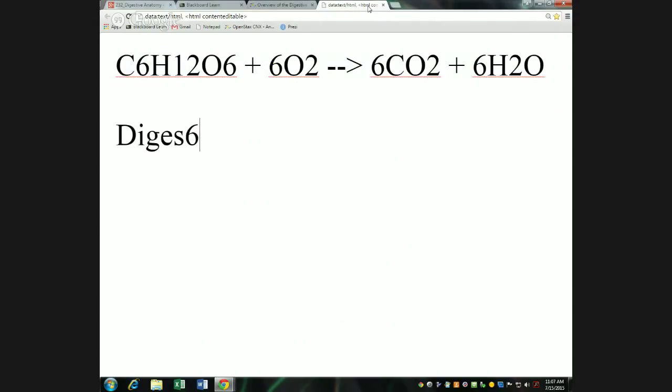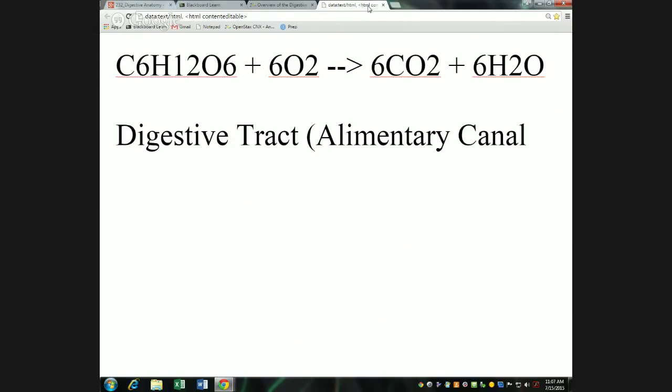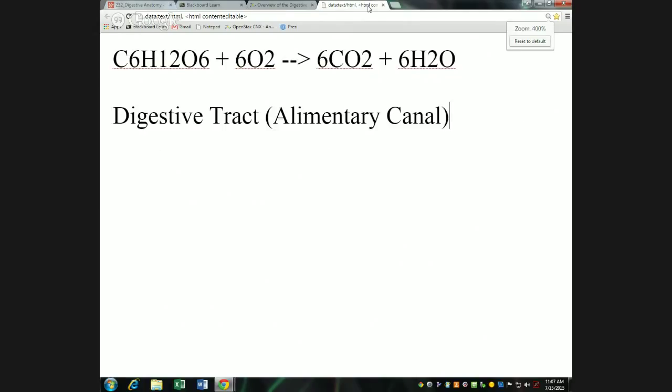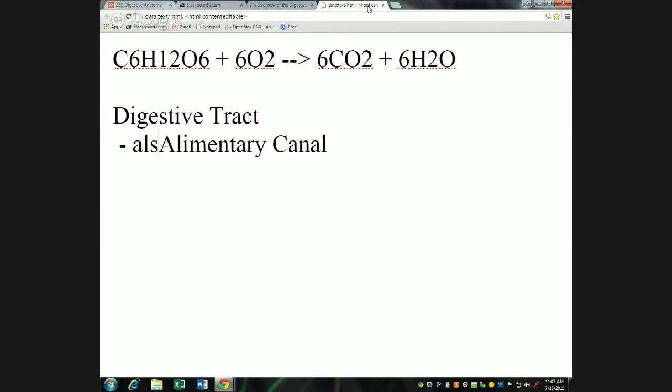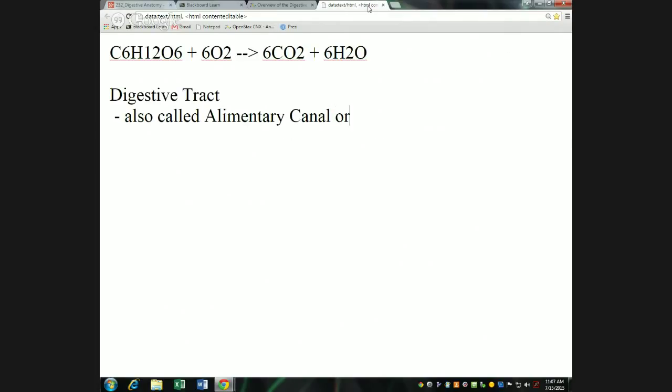The digestive tract, which is also called the alimentary canal, or the gastrointestinal tract, GI tract.